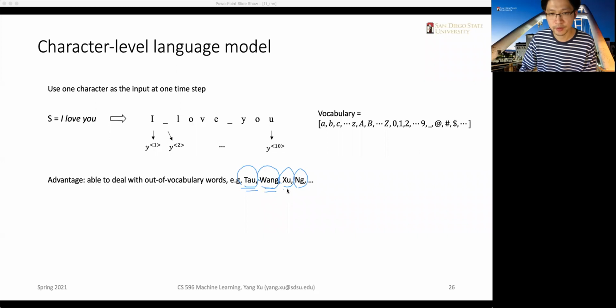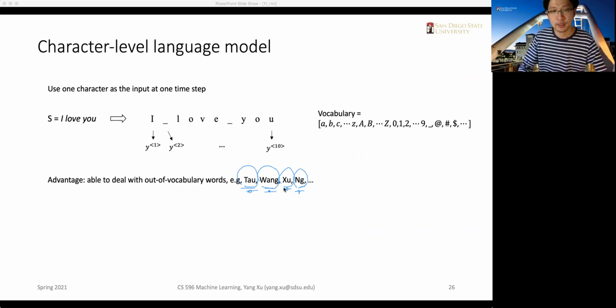If we train a model on pure English data, then these not commonly seen last names are never seen by the model. So the model will basically treat these as out-of-vocabulary tokens, and the perplexity would be much worse.